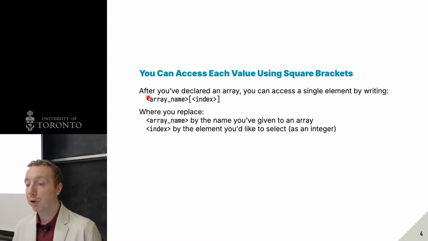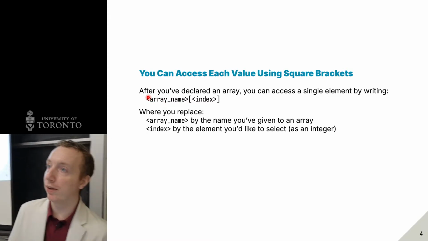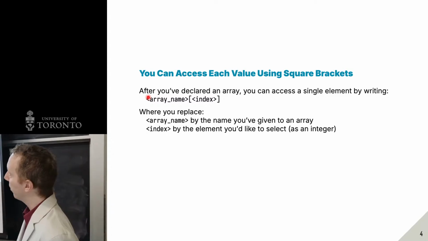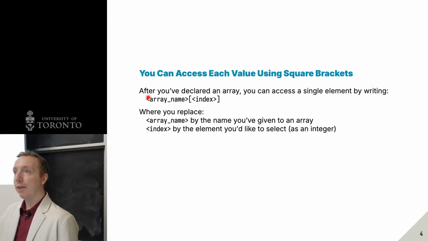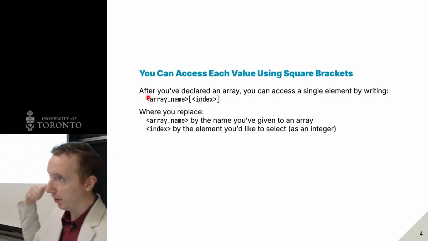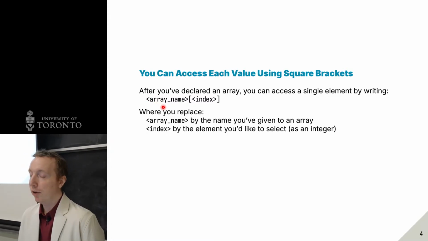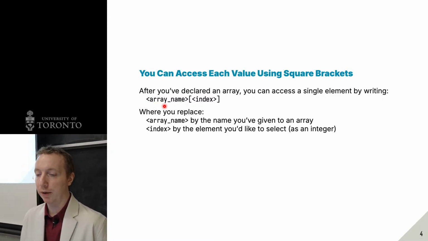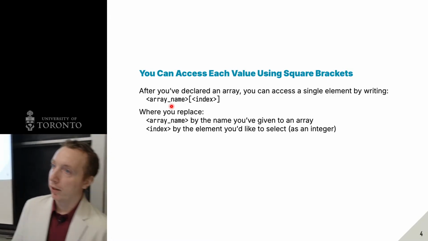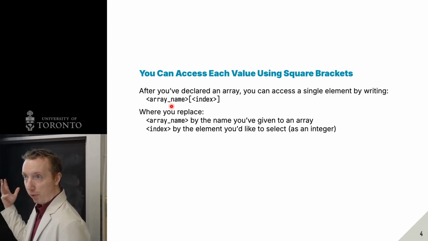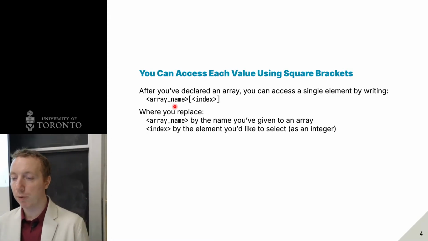And then after you've declared the array, you can access a single element. That's just a fancy way of saying accessing a single value in that array, so in this case a single integer, by just using the square brackets again. So you give it the array name. The array name by itself refers to an array, which is its own special type.